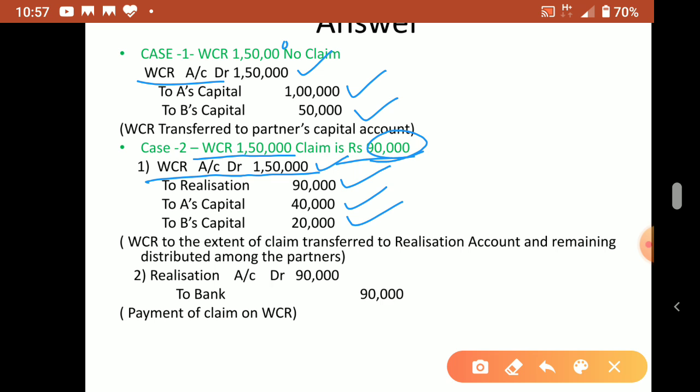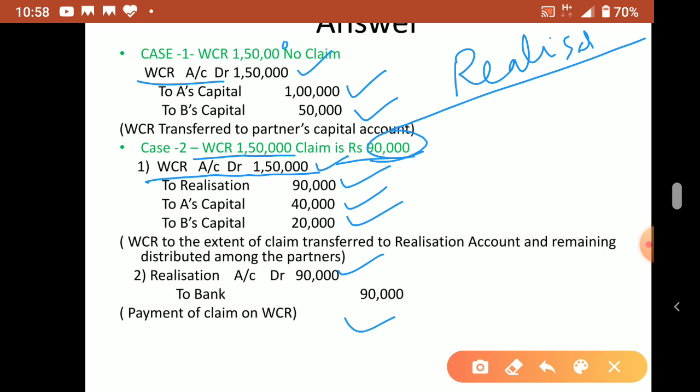Then for making payment, realization to bank. So if you prepare the realization account, how will it appear? This posting I'll show you. Look, the second case posting, how will it come? Realize WCR to realization, so realization by WCR.